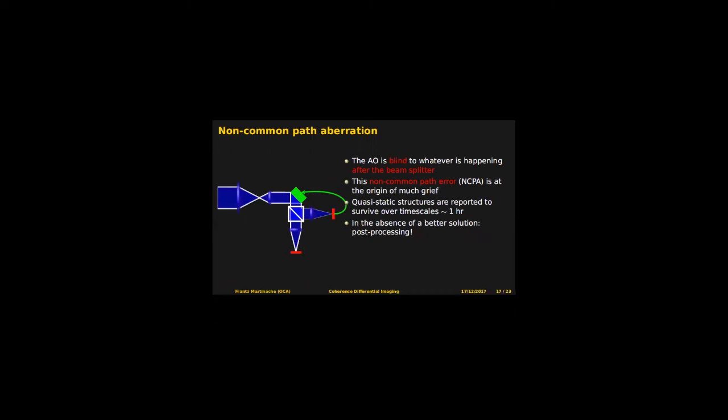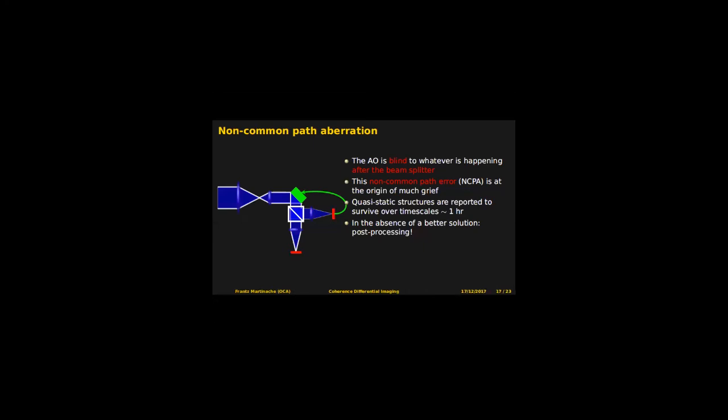And there are a couple of things that make things complicated. I drew this idealized picture of what an adaptive optics system does, but you have to keep in mind that there is a lot of optics that are not part of the optical path toward the adaptive optics system, that the wavefront sensor just doesn't see. And so the adaptive optics may try to flatten the waveform as best as it can.